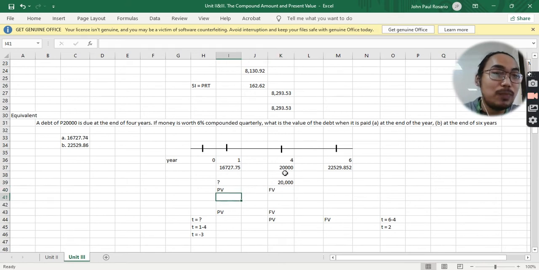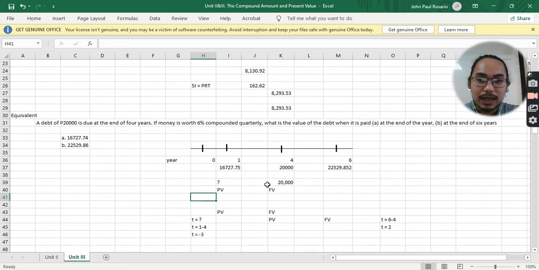This means you should be using the present value formula in solving this problem. We already know that our future amount is 20,000, 6% compounded quarterly, so that's 0.06 over 4. How many years did we go back in time? That's 4 years minus 1, that's 3 years.